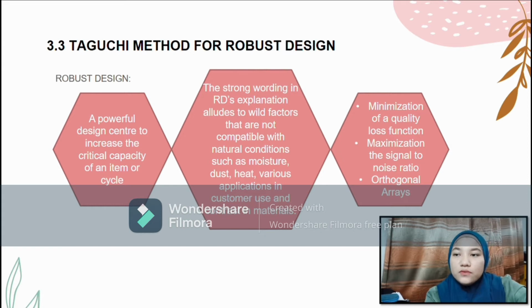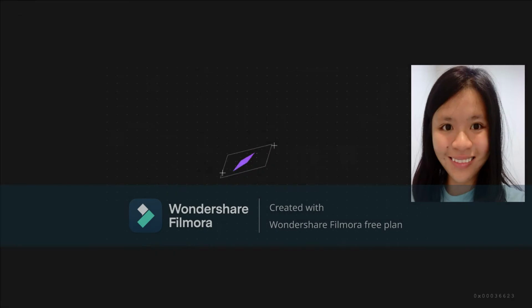In Taguchi robust design, rather than trying to control uncontrollable or overpriced factors, the way is to determine the advantages of control components that will limit their consequence on the item or cycle.